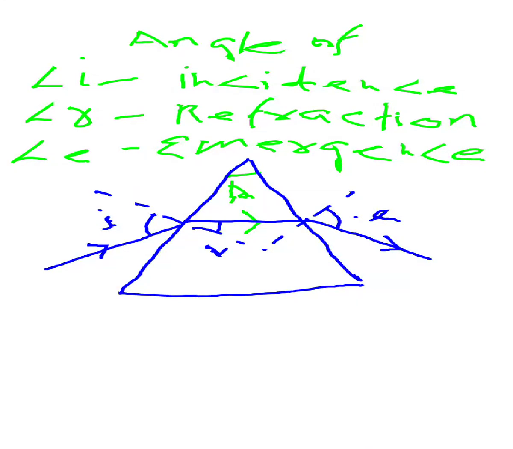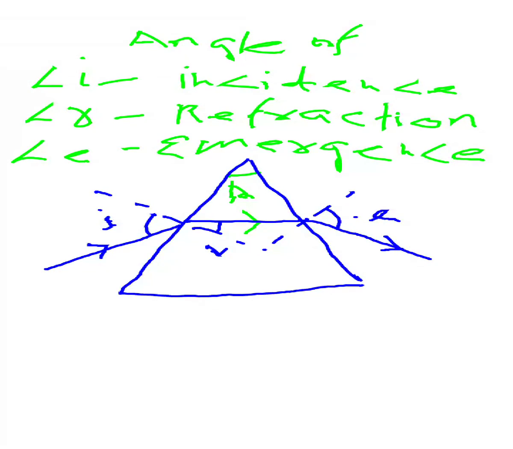Angle I is there, angle R is there, angle of emergence is there. Then there is an angle called the angle of deviation. Do you know about that? This is very important, and numericals come in your classes and exams.